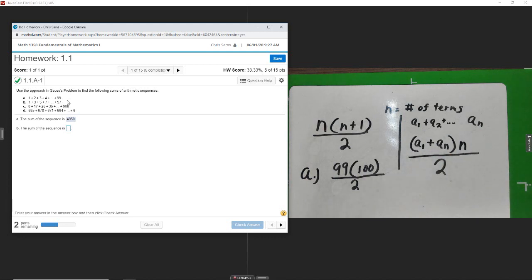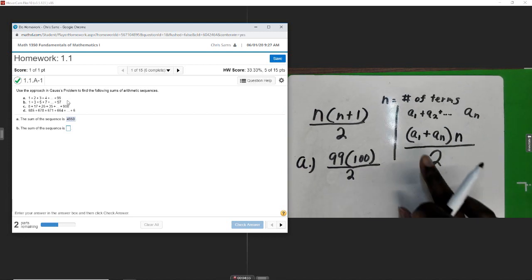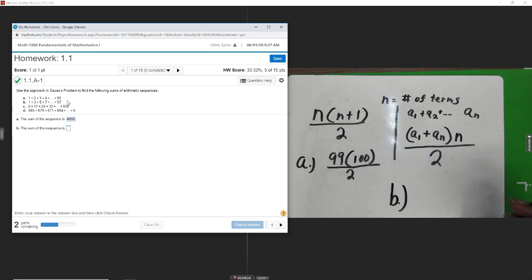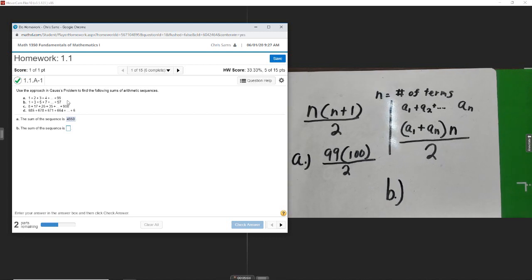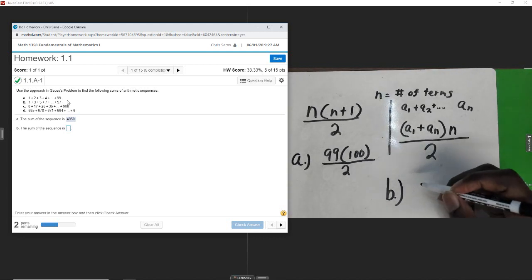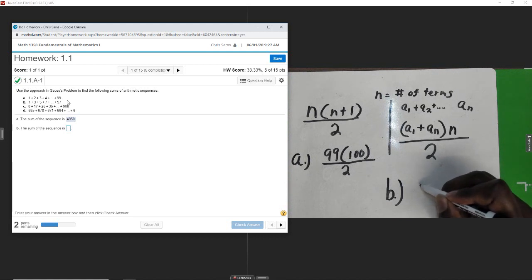Okay, so let's work this one out now. So for part B, we have to add first and last term. So for B the first and last term we have are 1 and 97. So if I add those together, we get 98.